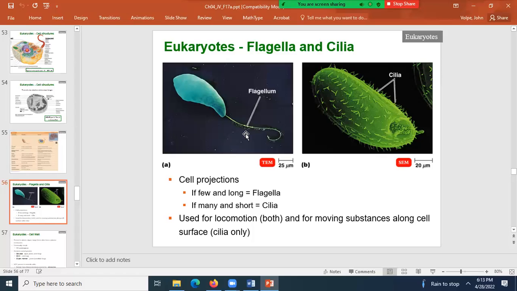Eukaryotic cells have a third way of moving, and it's by putting out pseudopods.